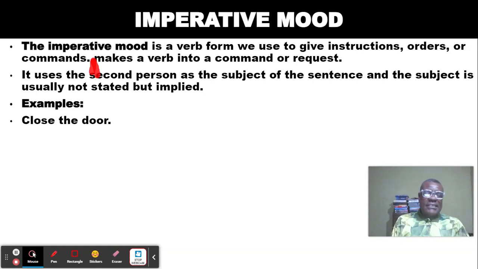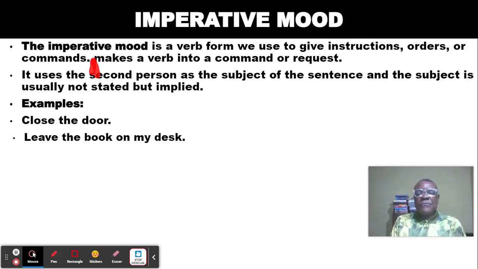If we use the indicative mood, we can say you are required to close the door, or you are instructed to close the door, or you are requested to close the door. But in the imperative mood, the sentence begins with the verb: close the door.